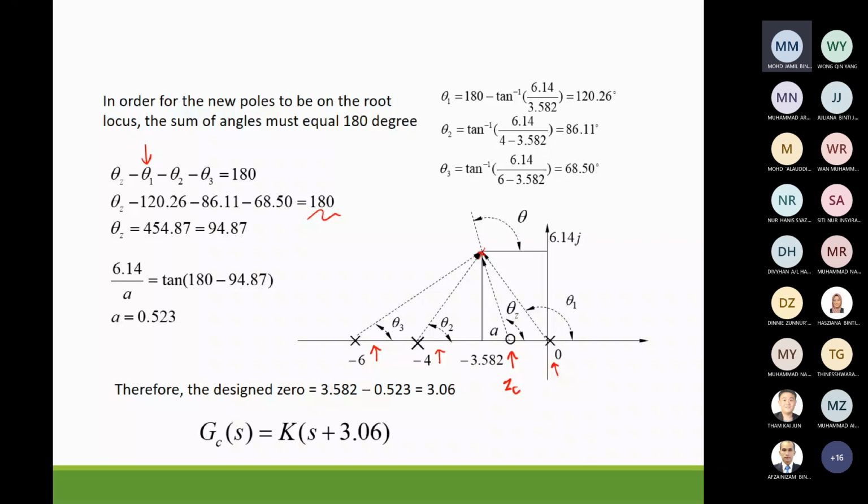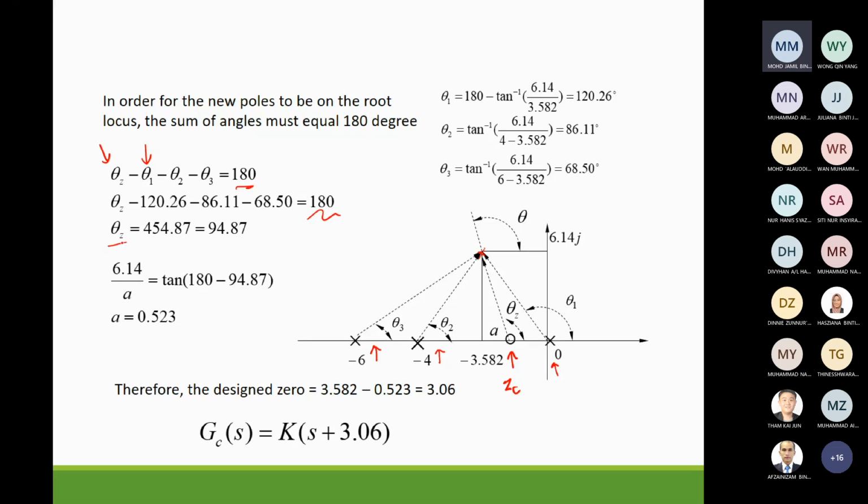We don't know the angle for ZC because we don't know what ZC is yet, so we need to determine the location of ZC. To do that, we need to determine the angle of ZC. So in this case, we determine the angles θ1, θ2, and θ3, and then plus θZC equals 180 degrees.